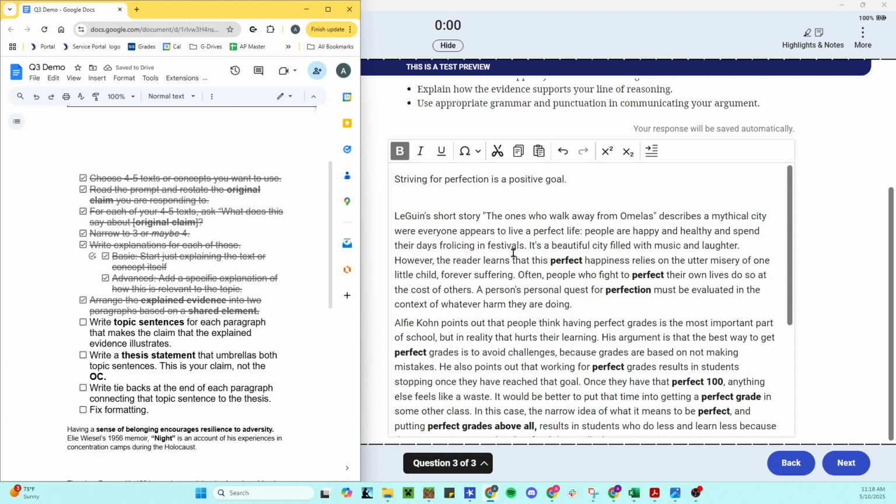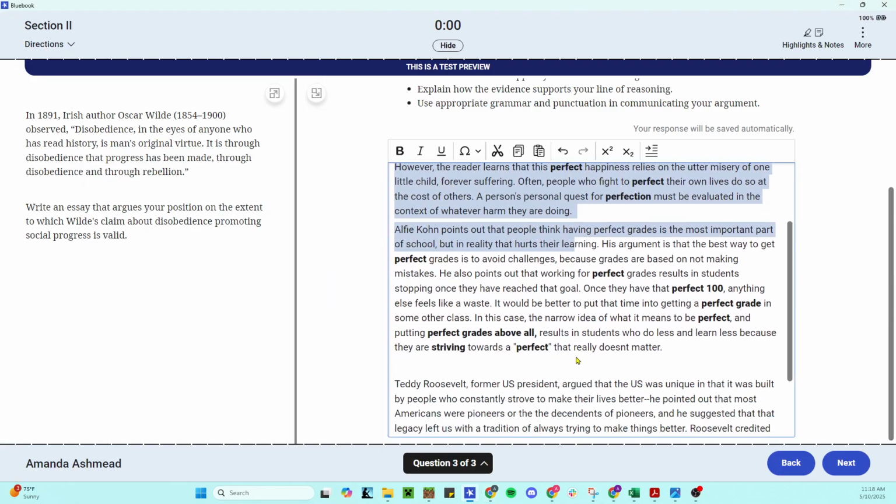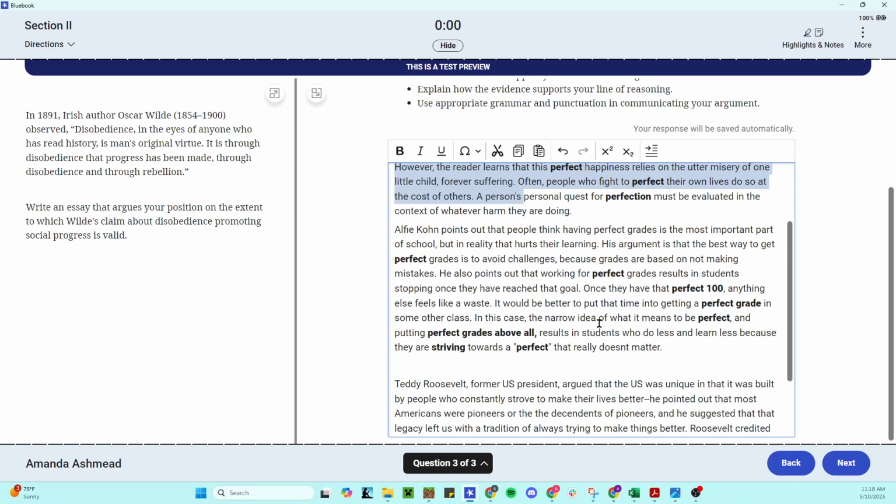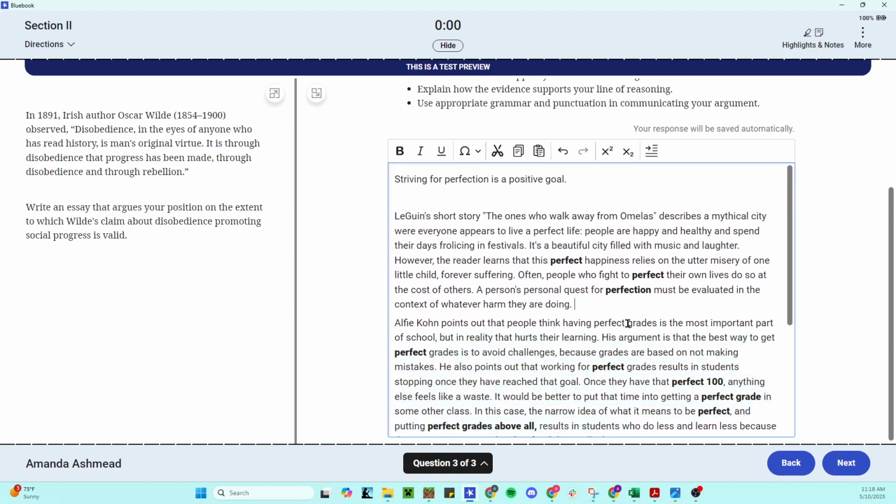So in these cases, it's pretty negative, right? These are people who either don't care about what perfection does to others, or they don't really think about what perfect really means. They're just trying to meet perfect based on an arbitrary system. They're going after the easy perfect. So these are cases where perfection does harm.